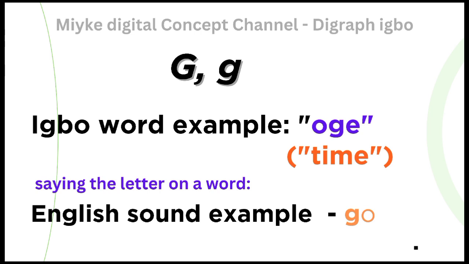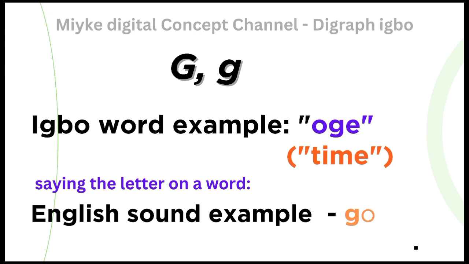In Igbo, words that bring that ge can be in between, like oge. Oge is time, which sounds like saying the letter G, or hard G. And in English, the same can be denoted with an example like go.